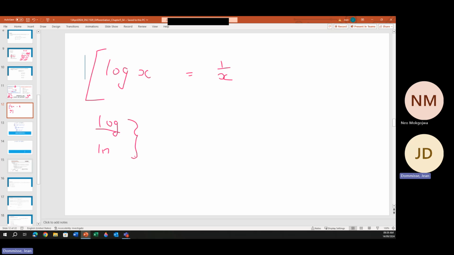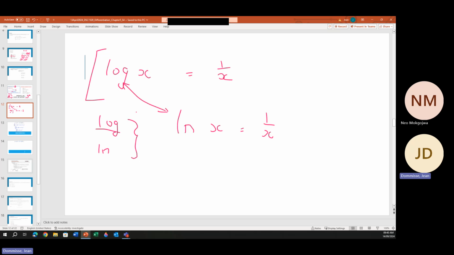So sometimes in the exam or in your assignments, they talk about ln x, and if you need to differentiate that, it is also 1 over x. So just be cognizant that log and ln on the calculator are exactly the same.